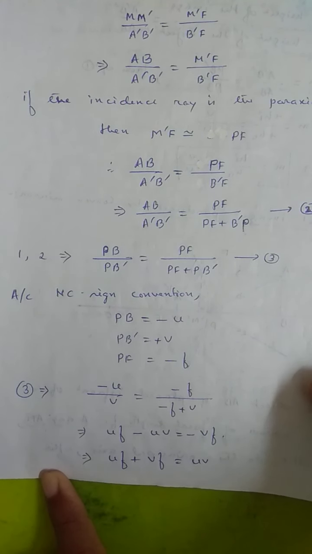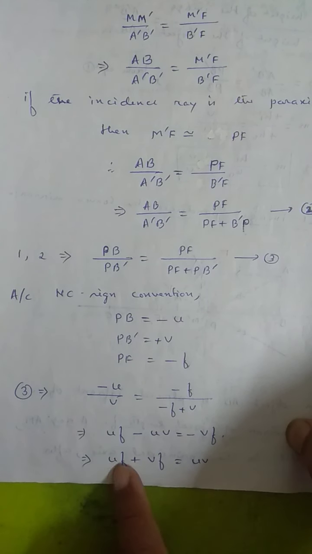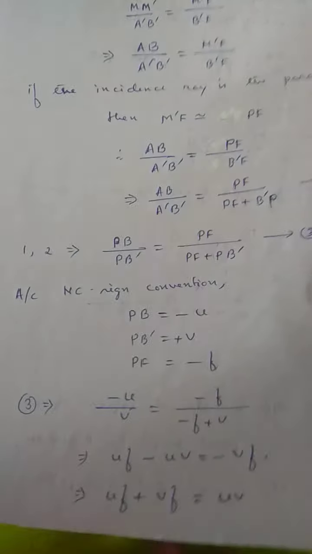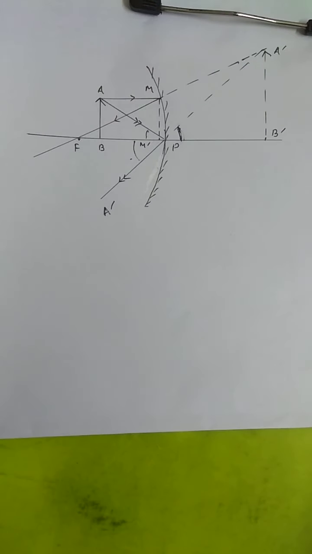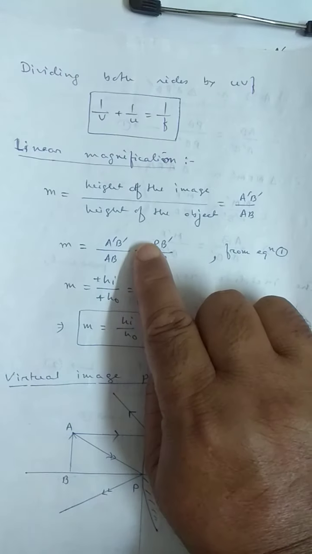If I divide both sides of this equation by uvf, we get 1 by v plus 1 by u is equal to 1 by f.